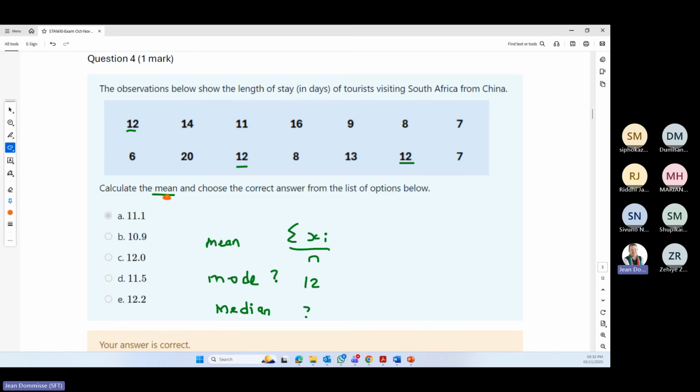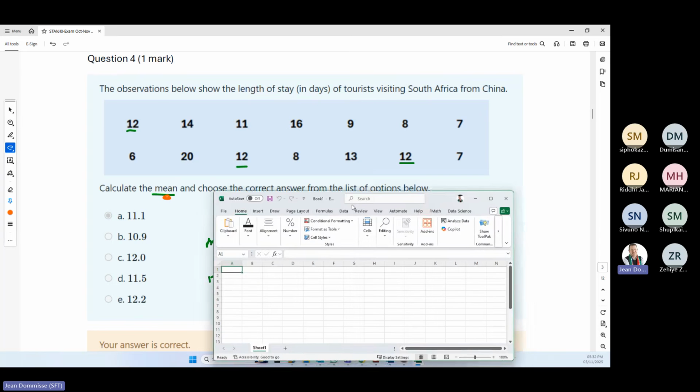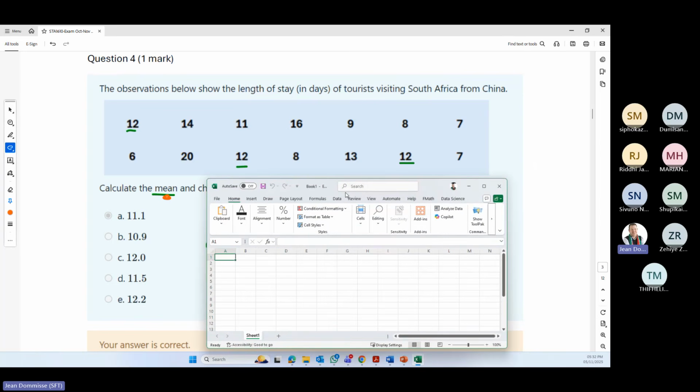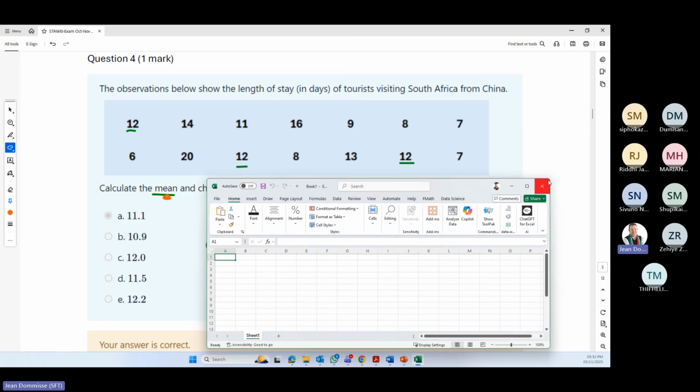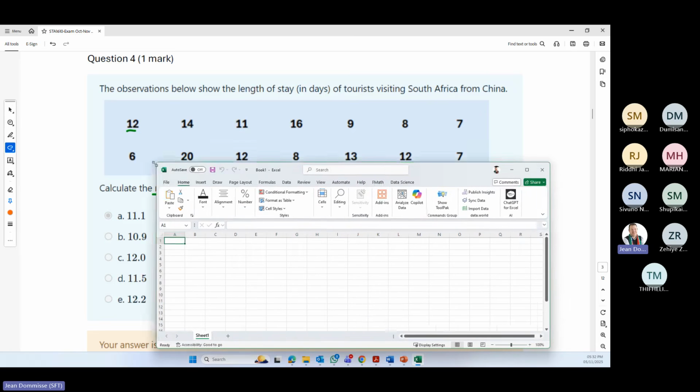Okay, so something like this question, I would have done in Excel because I haven't used a calculator in a really long time.